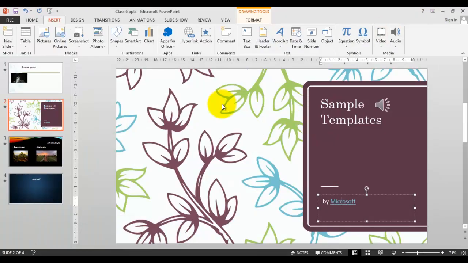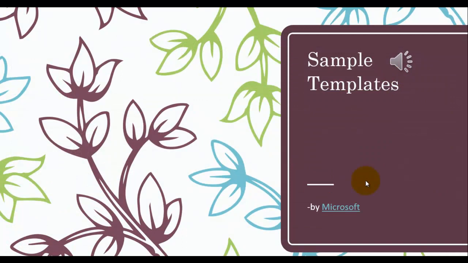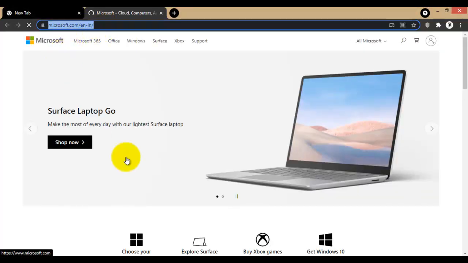I have made Google Chrome ready. So let's see our slide from the beginning. The video, audio sample. Look here. When I move my pointer here, I'll click during our slide, so it went to our default browser and it went to our Microsoft website.